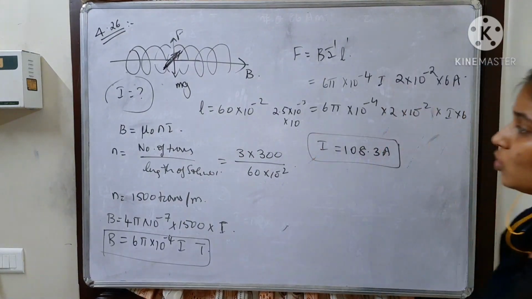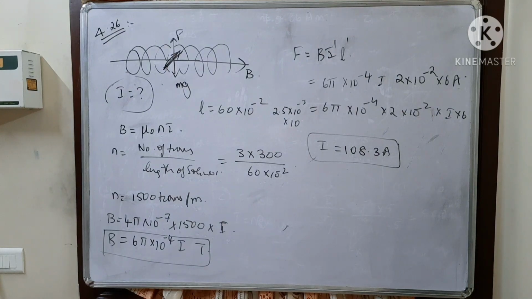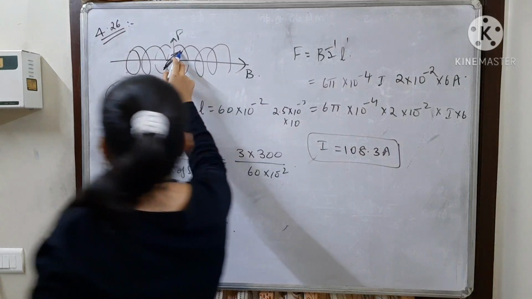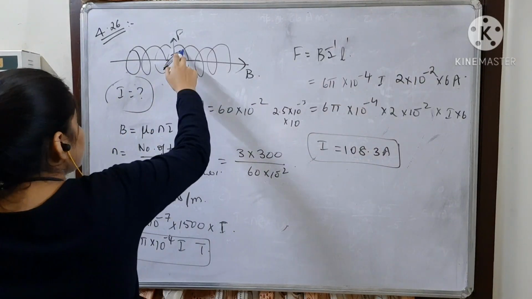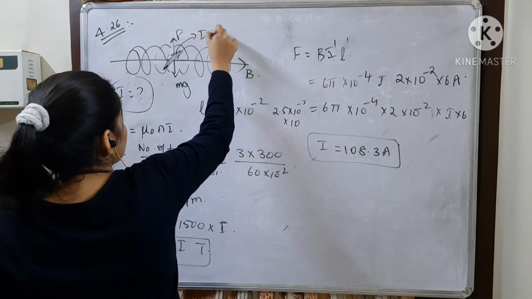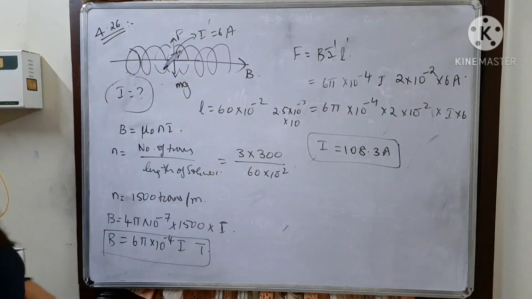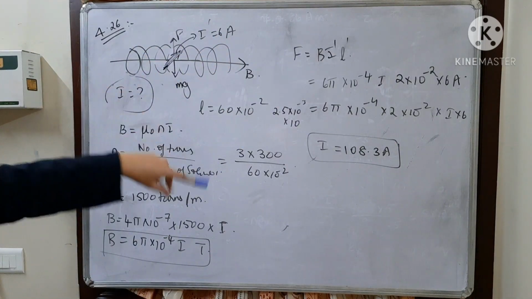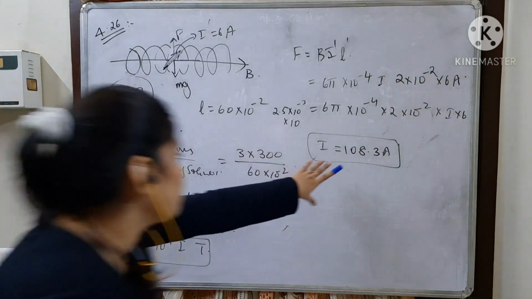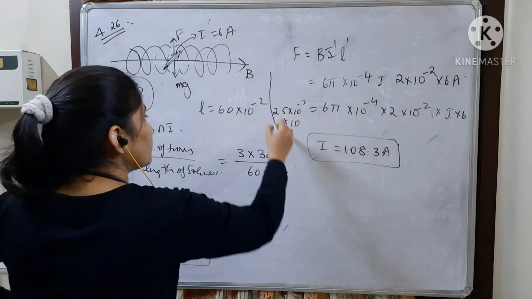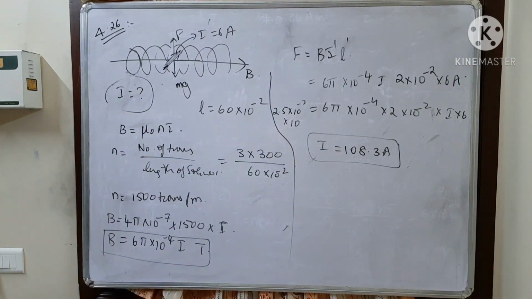This force is acting on this wire, isn't it? So this current they have given, I is equal to 6 ampere. The current in the solenoid only we have to calculate. So that is one small change, the answer is the same. Since I've seen the answer in the book, I've written it directly. So that will be your answer.